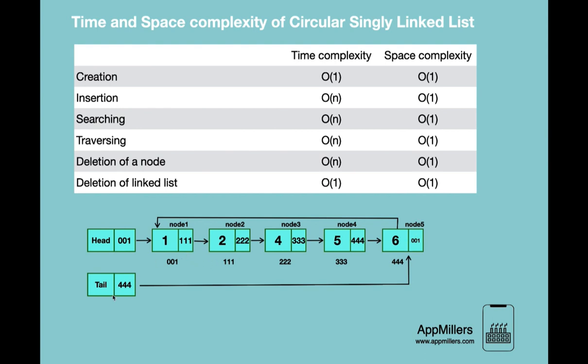Then at the end, we update the tail reference, which breaks the link between tail and the last node. By doing this, we are making these nodes eligible for garbage collection, and the garbage collector comes and deletes them. That's why this takes O(1) time complexity, because we are just updating references. The space complexity obviously is O(1).